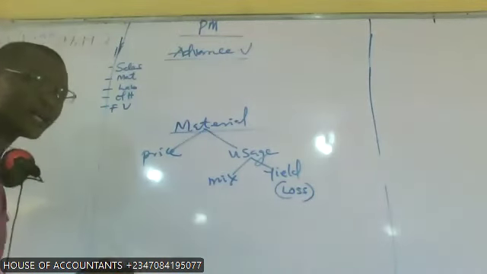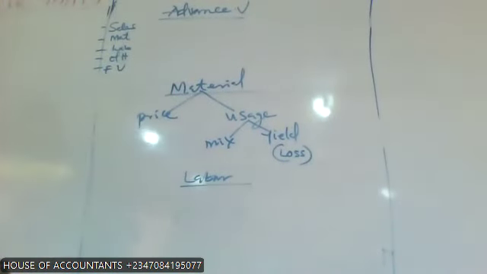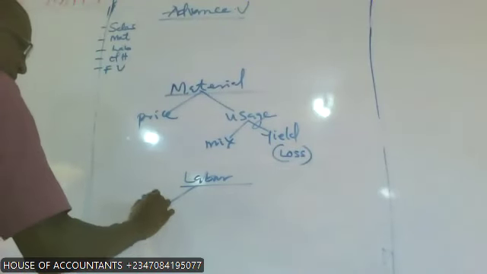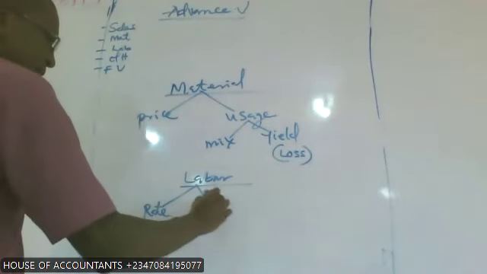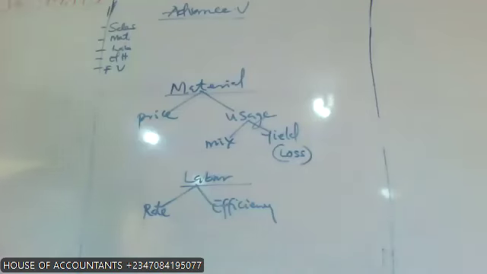Now, we can actually come to labor as well. Labor can also become advanced. So we have labor rates and efficiency. Now, efficiency can be further divided into two.